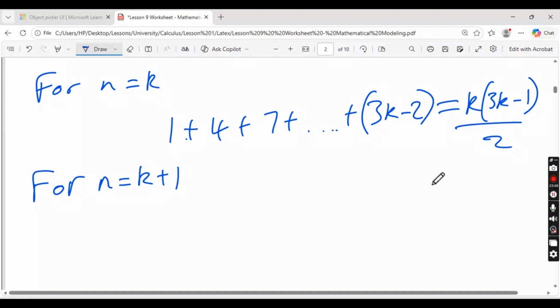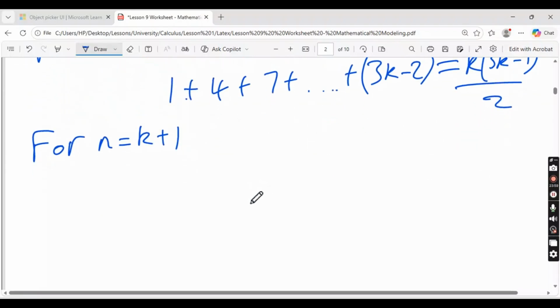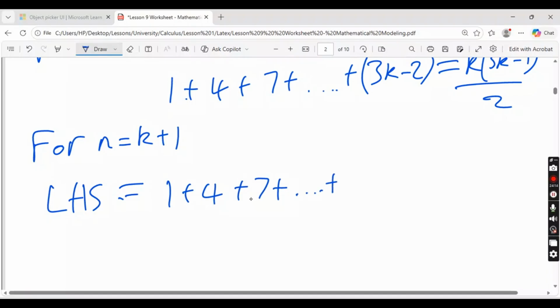So for the left hand side, we are saying 1 plus 4 plus 7 plus dot dot dot plus 3k minus 2 plus 3k plus 1 minus 2.